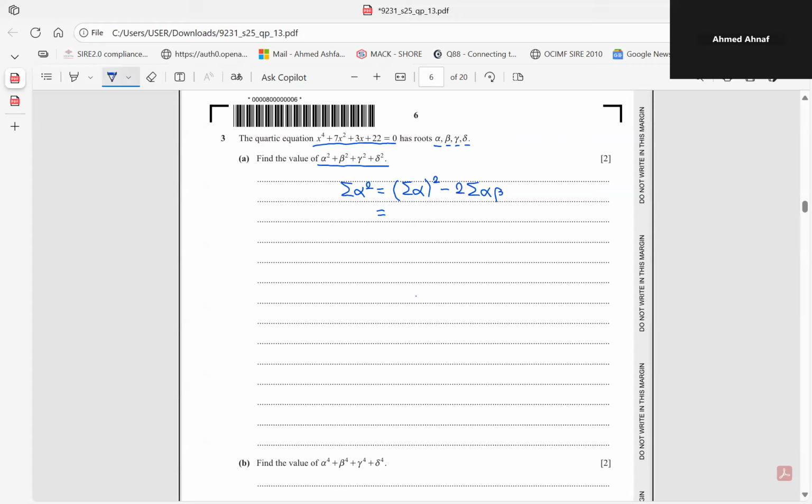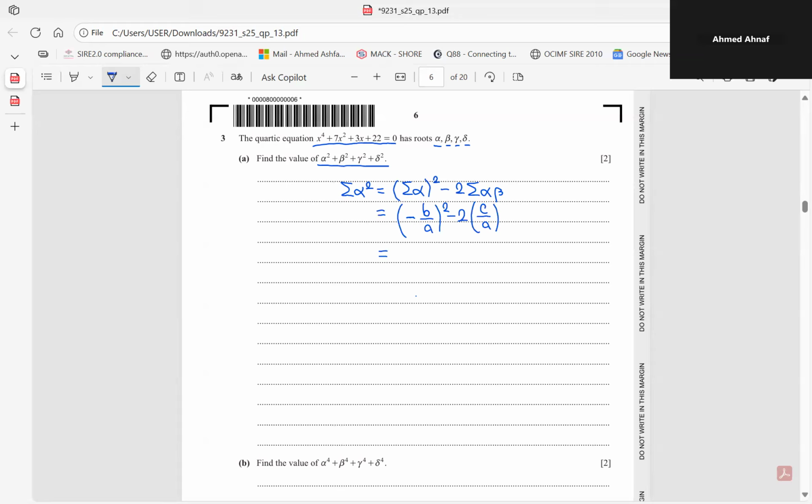Okay, so to use this, we know that this formula for the sum of our roots is minus b over a, squared, where a is the coefficient of x to the power of 4, and b is the coefficient of x cubed. And then for sigma alpha beta, that is basically c over a, where c is the coefficient of x squared, and then a is still the coefficient of x to the power 4.